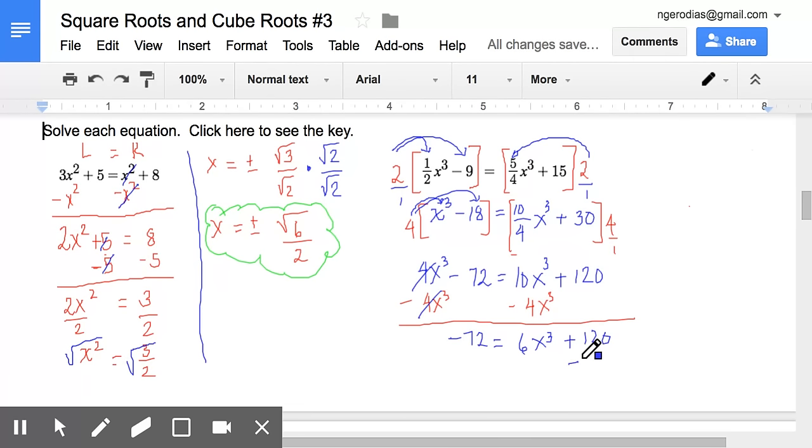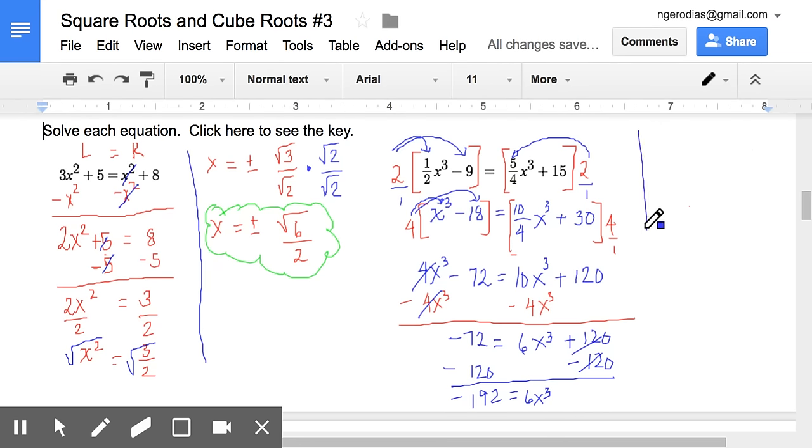Now we'll take away 120. Take away 120. This cancels, and so we're going to have negative 72 minus 120, which is negative 192, equals 6x cubed.